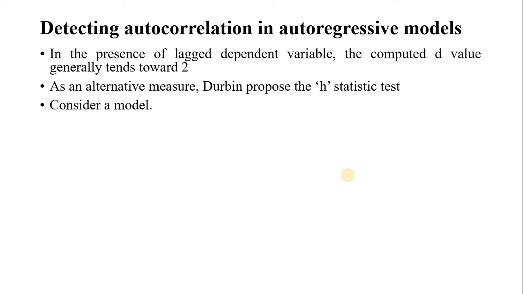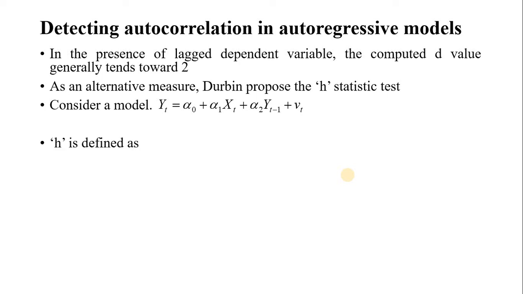Durbin-H test. So you consider a model yt is equal to alpha 0 plus alpha 1 xt plus alpha 2 yt minus 1 plus vt. In this model there is a variable called yt minus 1, so we cannot use the DW test to detect the autocorrelation problem.